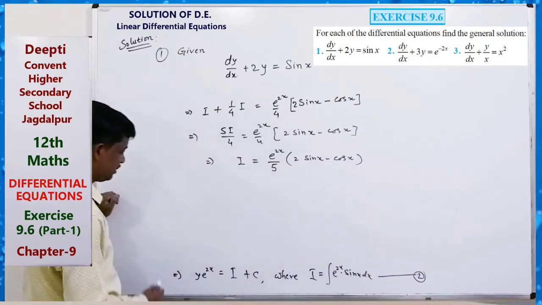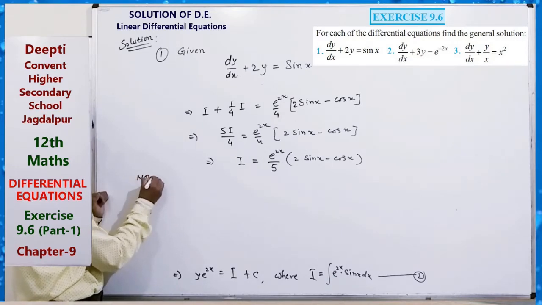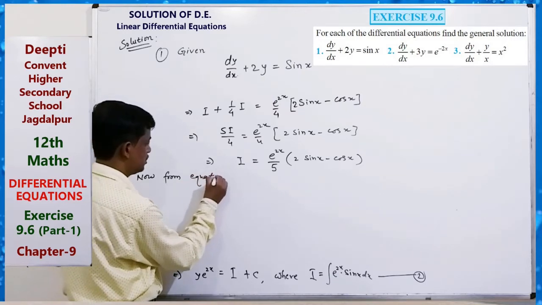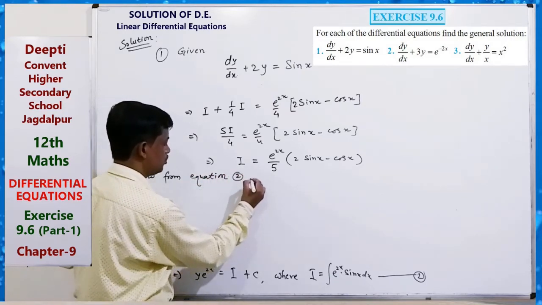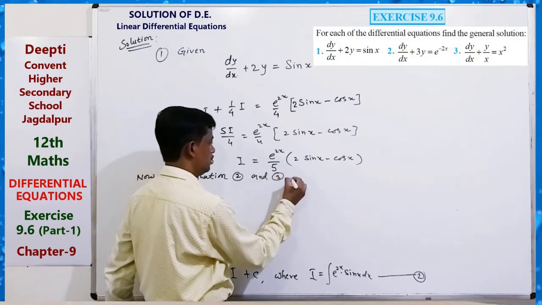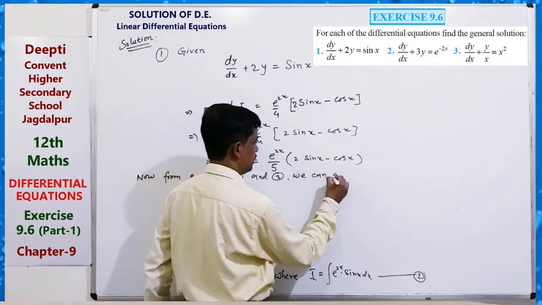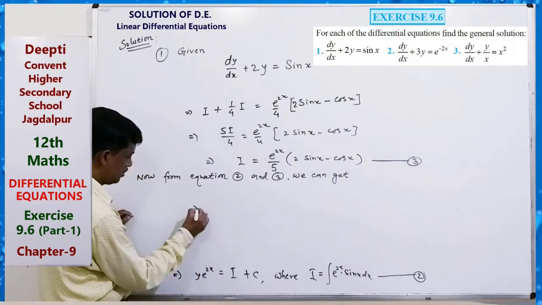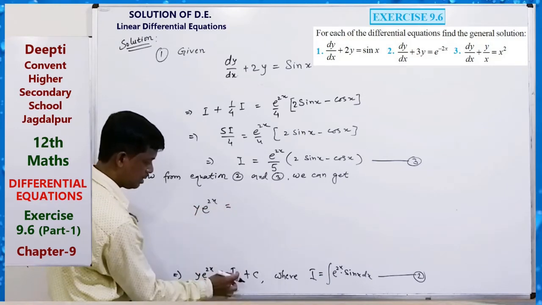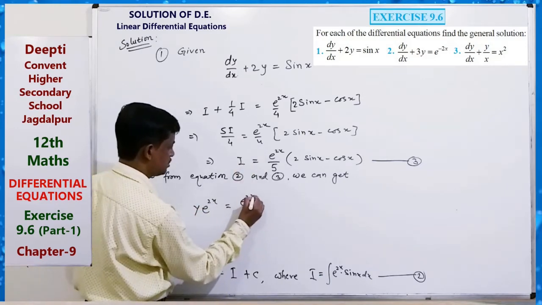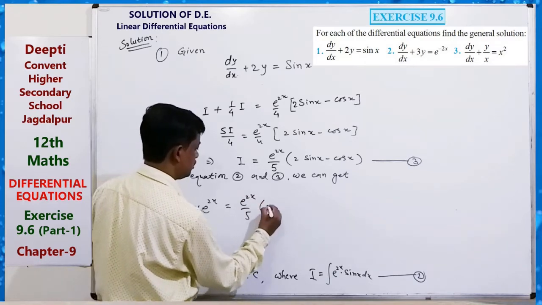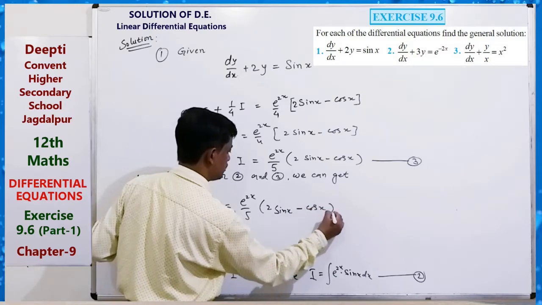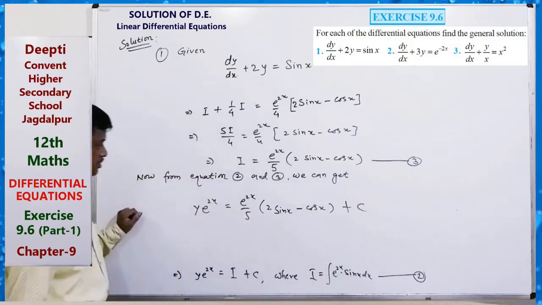So from equation 2 and 3 we can get, this is 3, y e to the power 2x equals to I, means this e to the power 2x upon 5 into 2 sin x minus cos x plus c. So this is the solution.